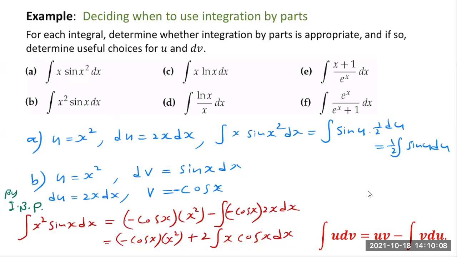So how do you actually solve this integration now? All you need to do is apply the integration by parts formula again for this one, by taking your u to be this one and dv to be this one. I'm not going to do that one because we did similar examples before.